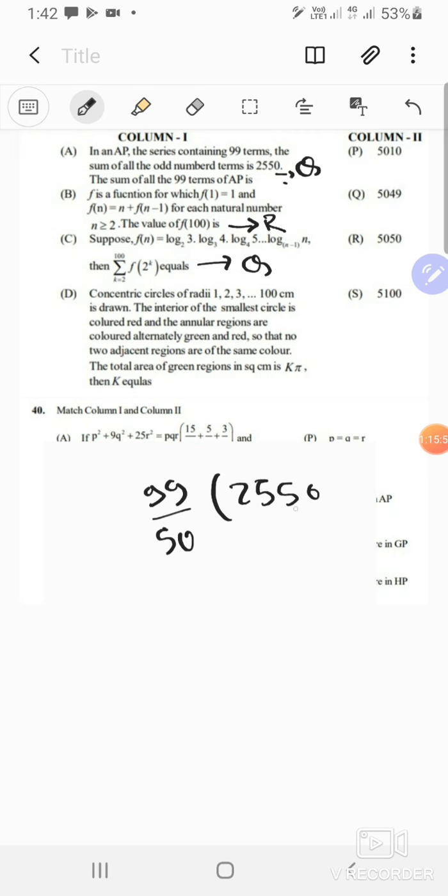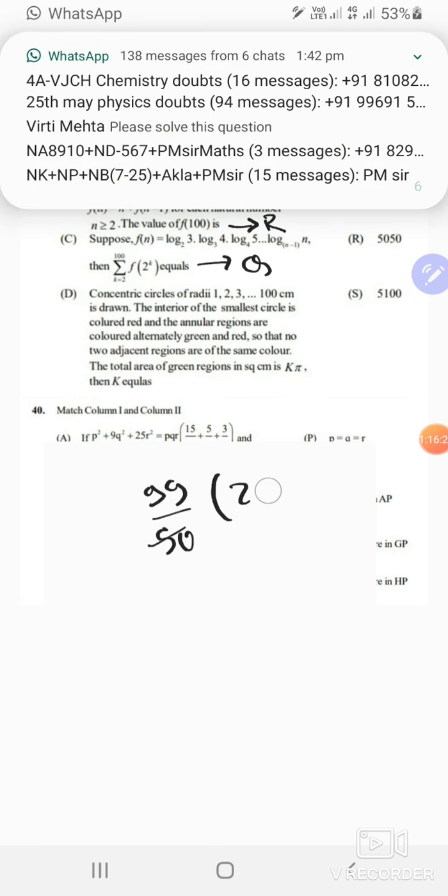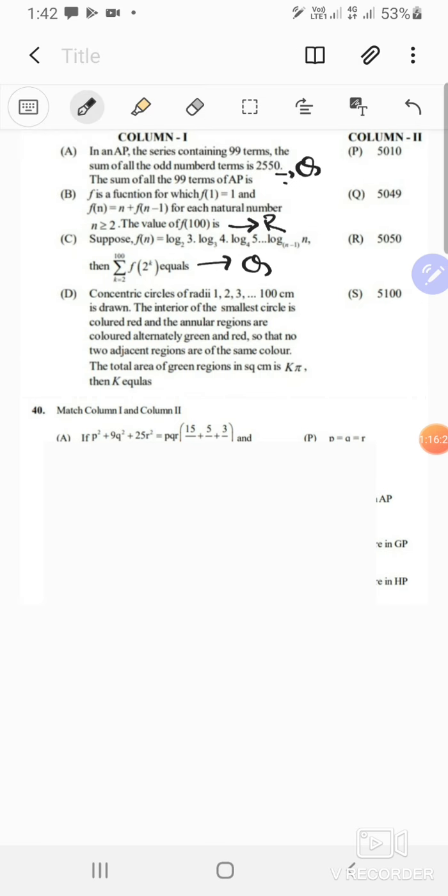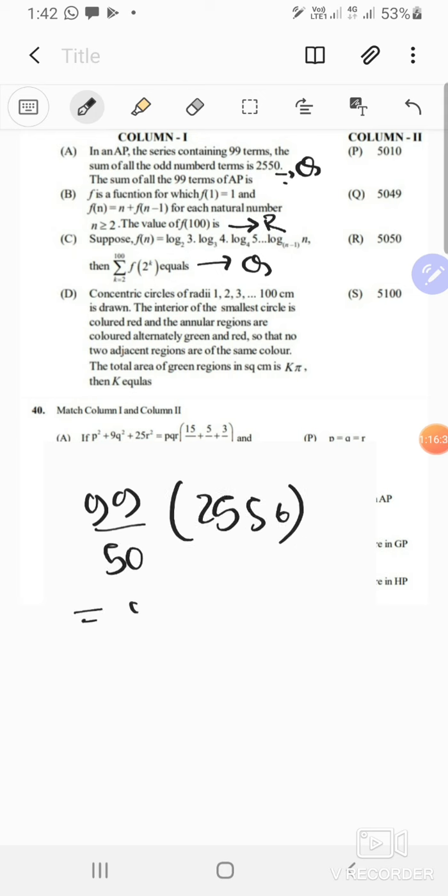I mean, this is like 50. It's just one, and then this is like 500 into 5. So this is like 10 into 5, which is 501. Okay, I guess I messed up on this once, right? I don't want that. So 99 by 50 of 2550 is going to be equal to 99 by 2 of 102. Yeah, it should be like that.